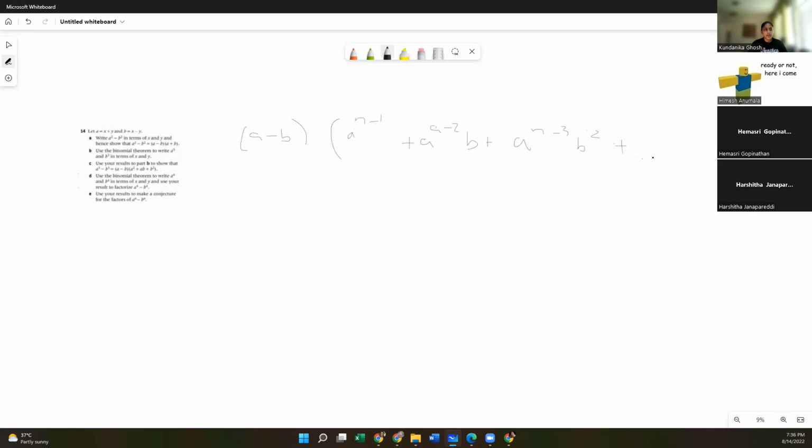You keep going until you have a to the power of 1 times b to the power of n minus 2 plus b to the power of n minus 1. If everyone has the solutions on their paper, do you see how this pattern applies to every single one that you've just proved?